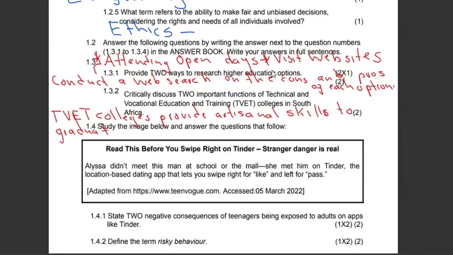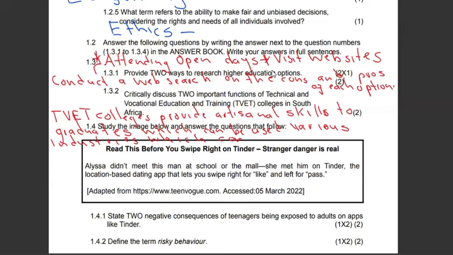They provide artisanal skills to graduates which can be used in various industries, such as the mining industry, the construction industry, and the manufacturing industry, which contributes to national development.